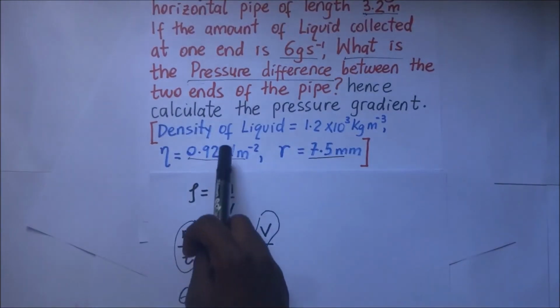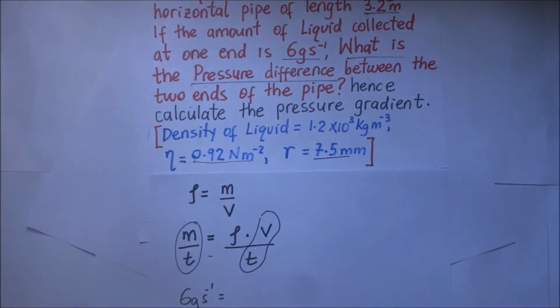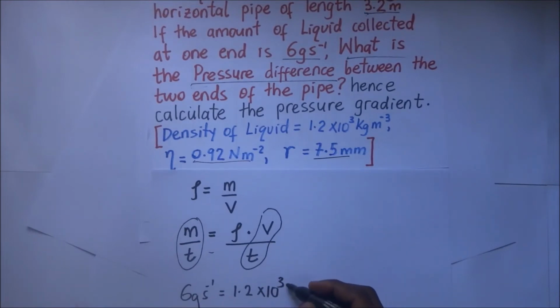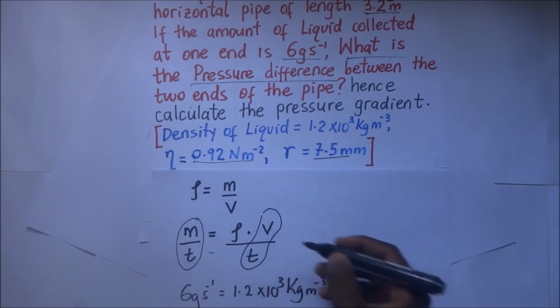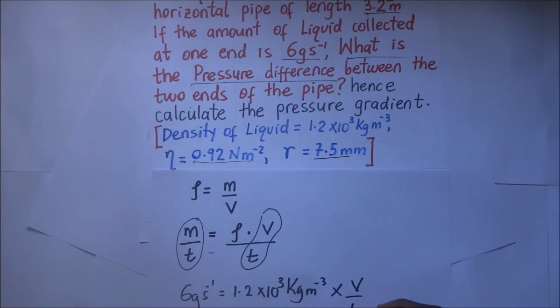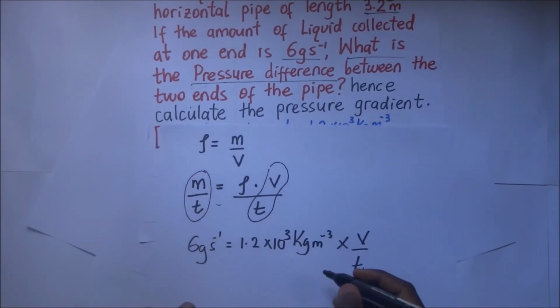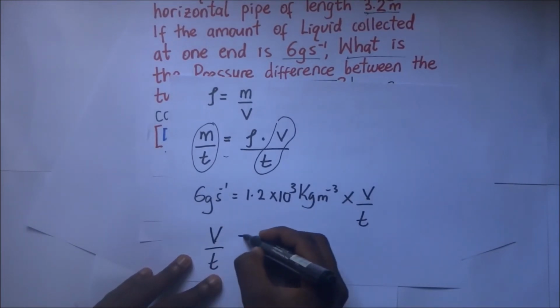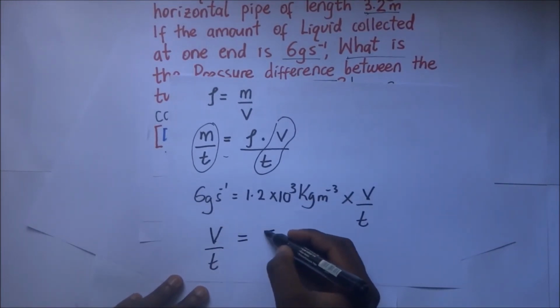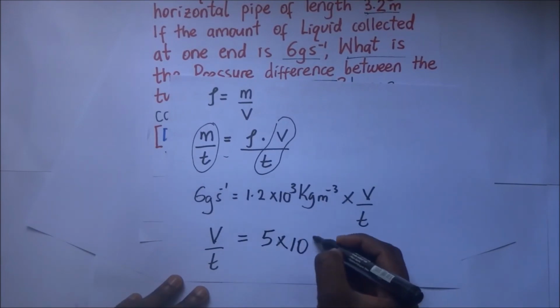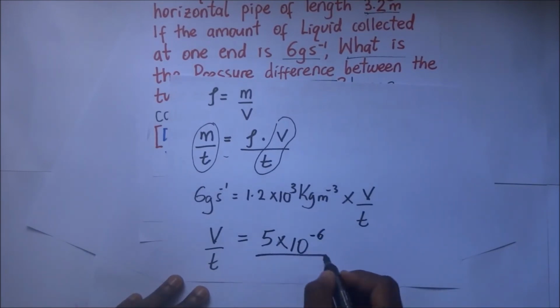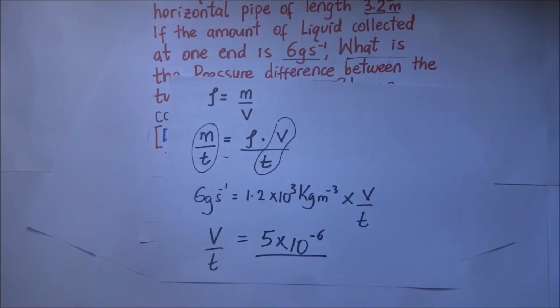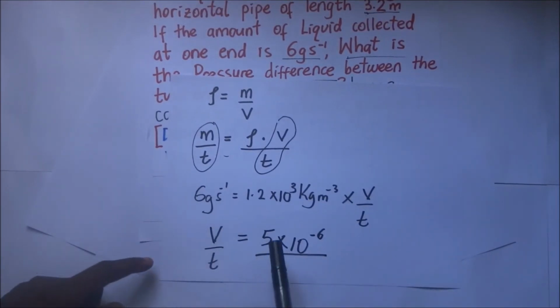In the question, the density of the fluid is 1.2 times 10 to the power 3 kilograms per meter cubed. When we make V over T the subject of this formula, we end up with a volume flow rate of 5 times 10 to the power negative 6. So this is the volume flow rate. Now that we've gotten V over T, we can go ahead and find the pressure difference.